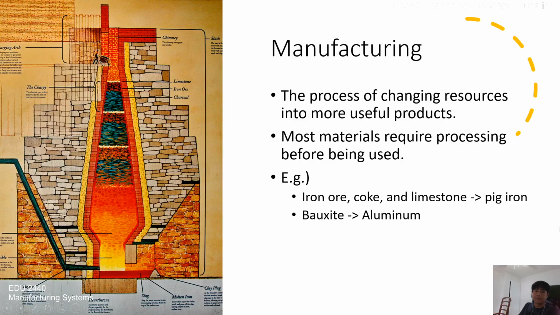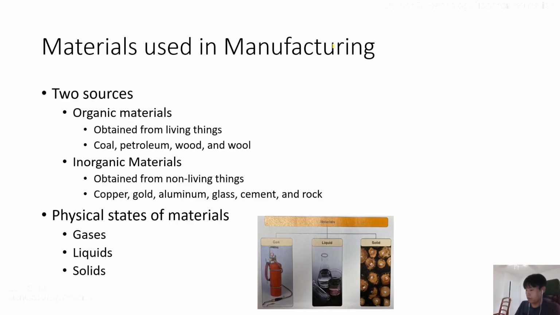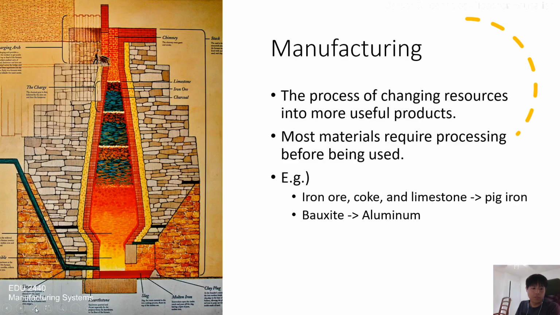All right, I'm going back to the definition of manufacturing. Last week we agreed that manufacturing is a process of changing resources into more useful products. To understand the process, we need to understand the characteristics of resources, because we need to decide which material to use for a specific product.